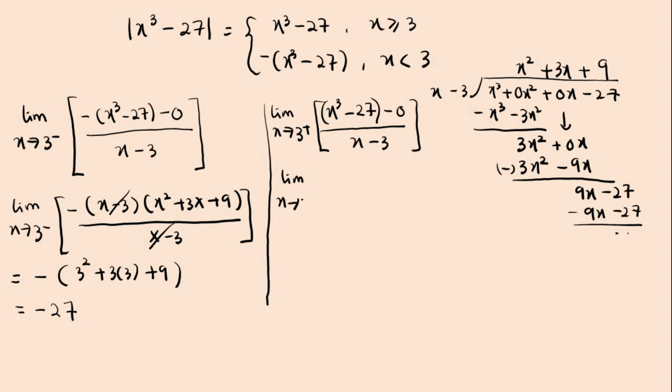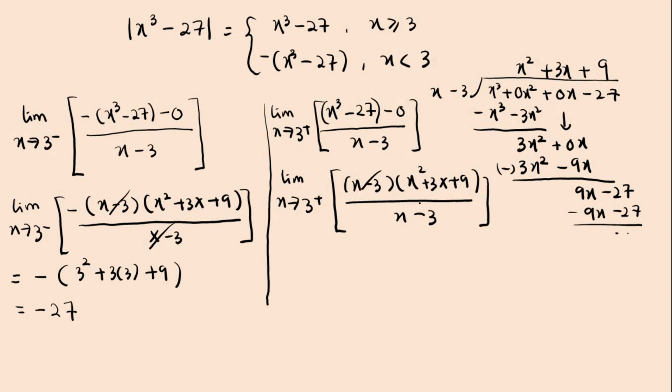Using the same long division, we can factorize this as x minus 3 times x squared plus 3x plus 9, divided by x minus 3. Now we can cancel out the factor of x minus 3. And last, substitute your limit value into your function. So we have 3 squared plus 3 times 3 plus 9. So your final answer here would be 27.